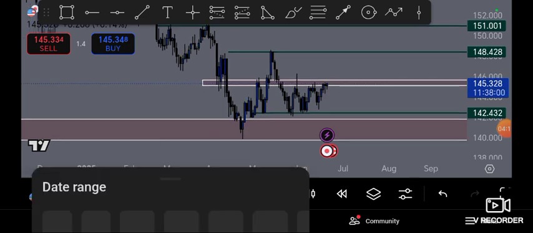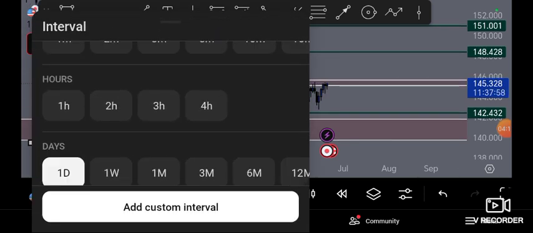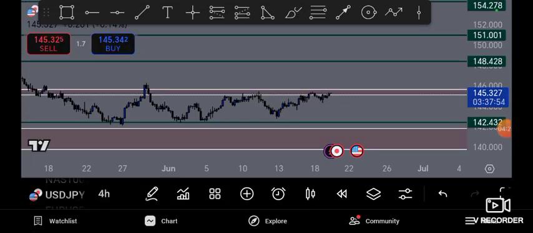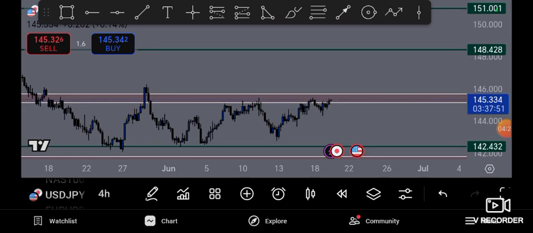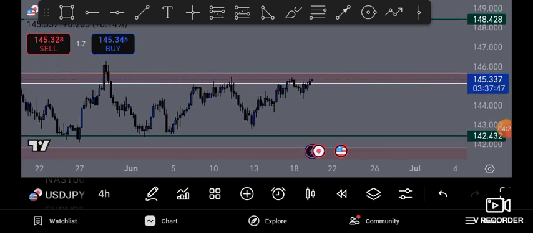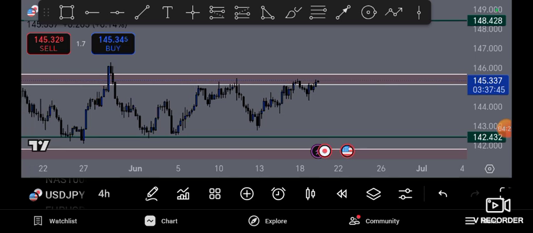So I want to take my entry on the 4 hour time frame. But before I take any trades, I want to ask myself, what is the first thing I want to see? Why would I want to buy this market? Okay, so we are at a resistance level right now. As you can see, I'm going to draw this green line.